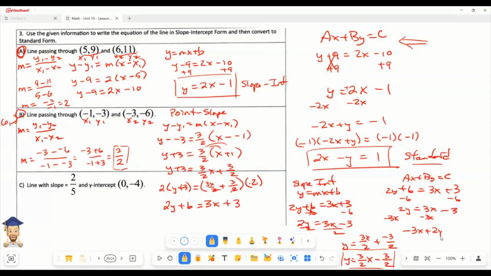Negative 3x plus 2y equals negative 3. Get rid of the negative. And I'm kind of running out of room. This is going to be 3x minus 2y equals 3.